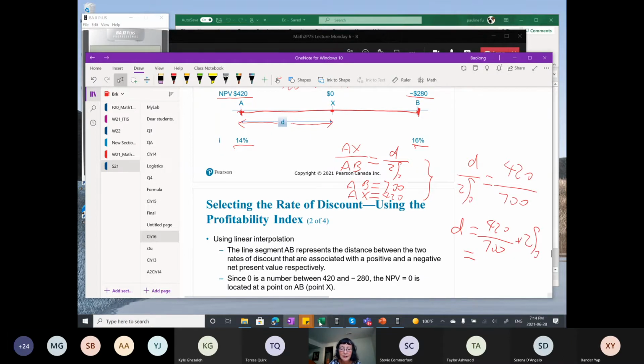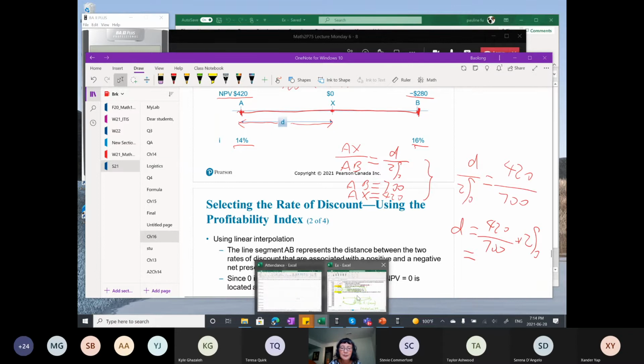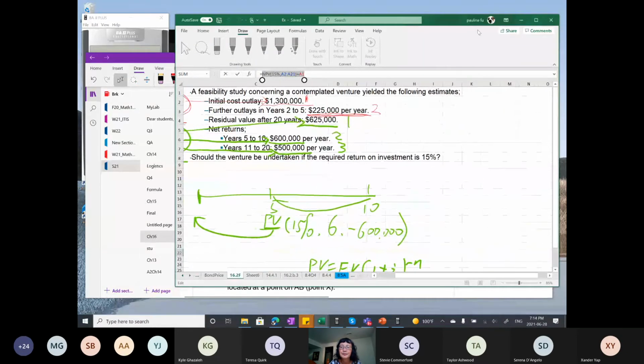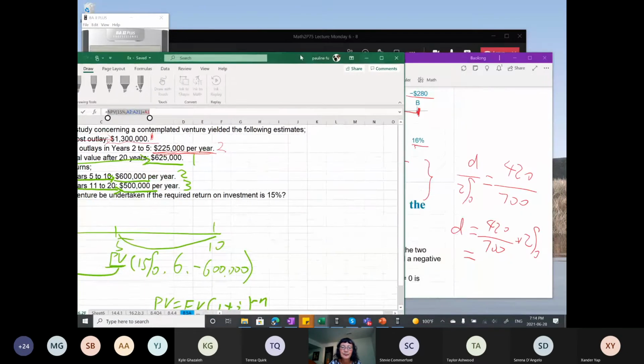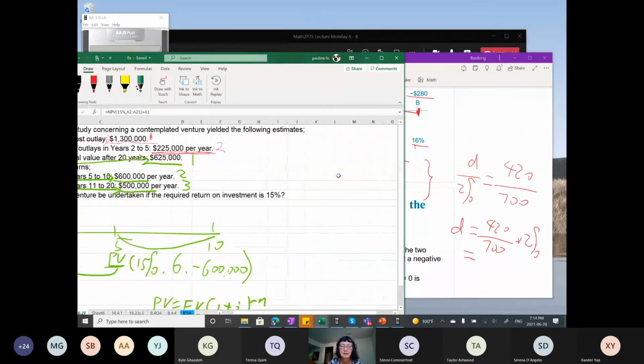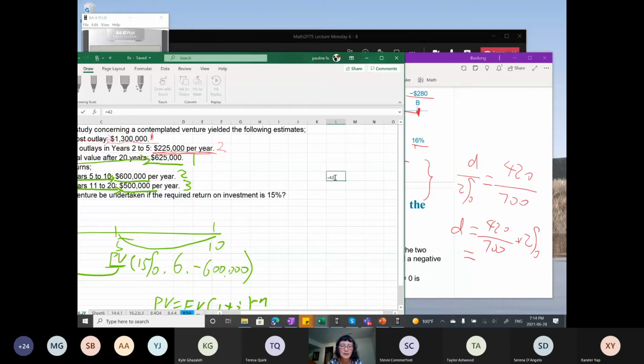Okay, and you can quickly use Excel maybe. So D equal to 1.2%.